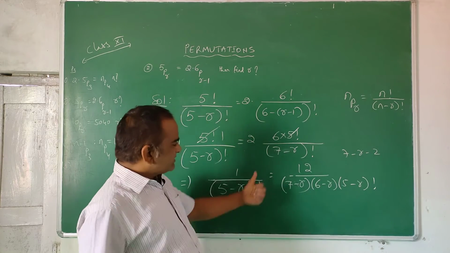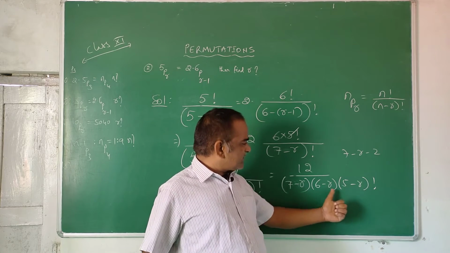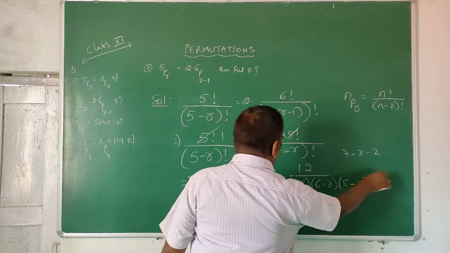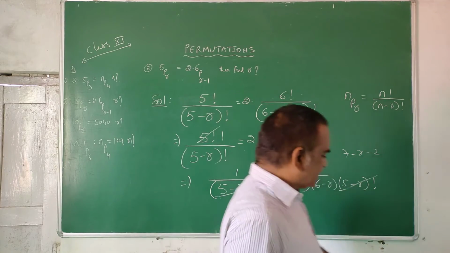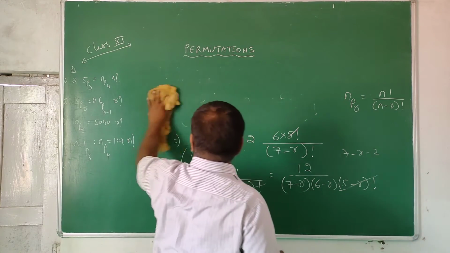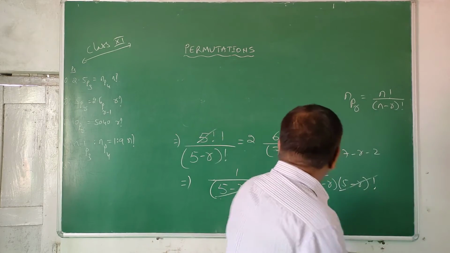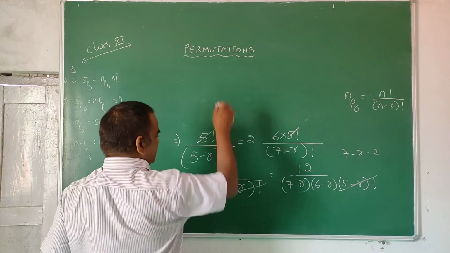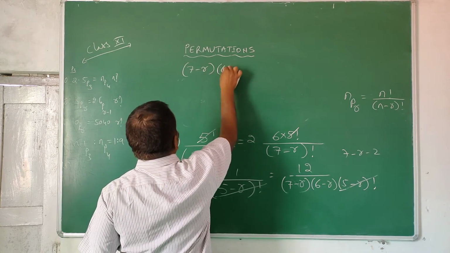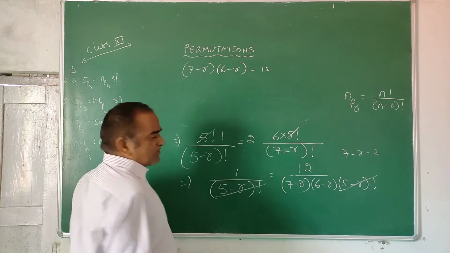So 7 minus r factorial can be reduced as 7 minus r into 6 minus r into 5 minus r factorial. Now this 5 minus r factorial gets cancelled. Then you are left with, going for cross multiplication, 7 minus r into 6 minus r is equal to 12.